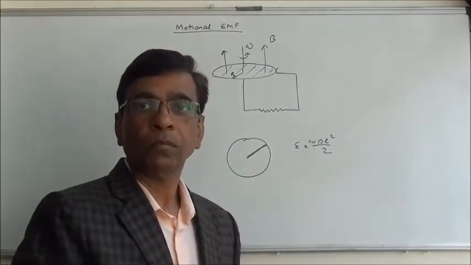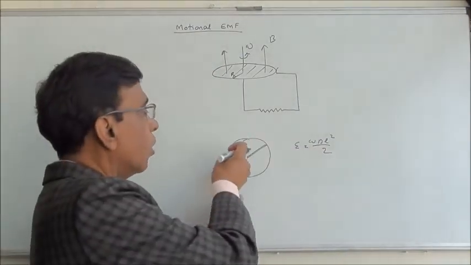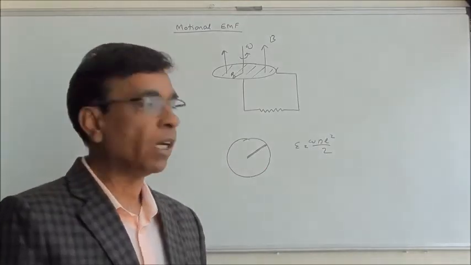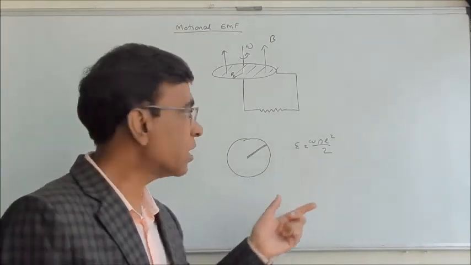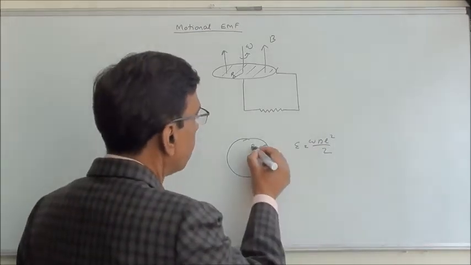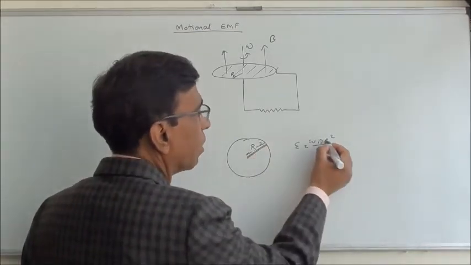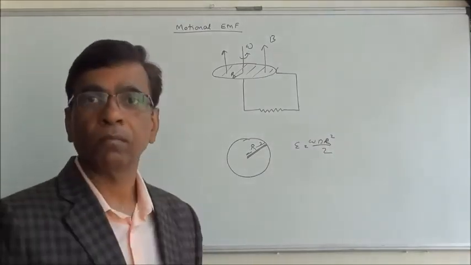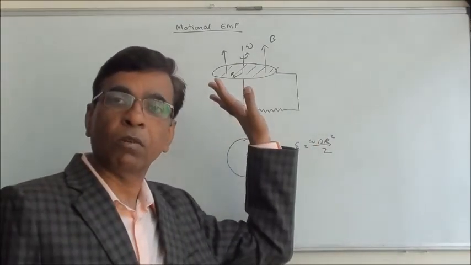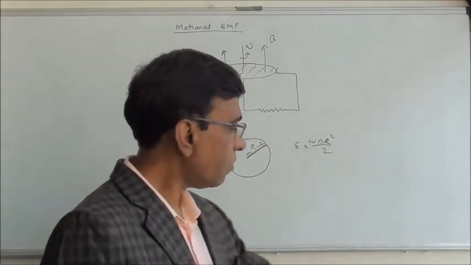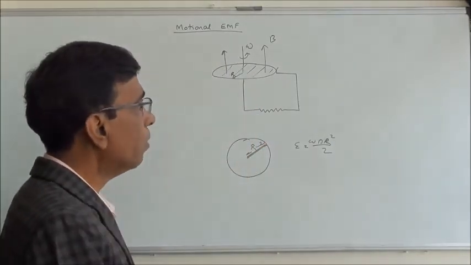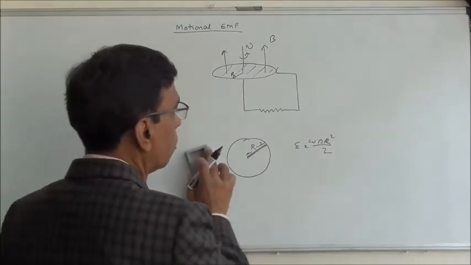We have a very large number, and I just told you that the net EMF will still be the same. So in place of L we will have just R, the radius. So omega B R square by 2.